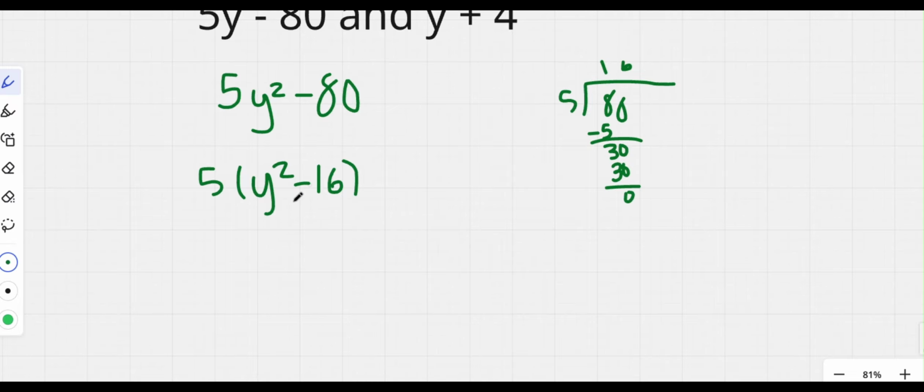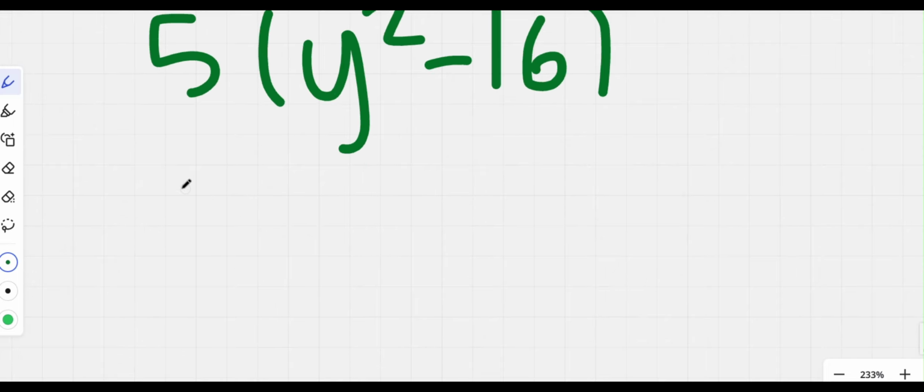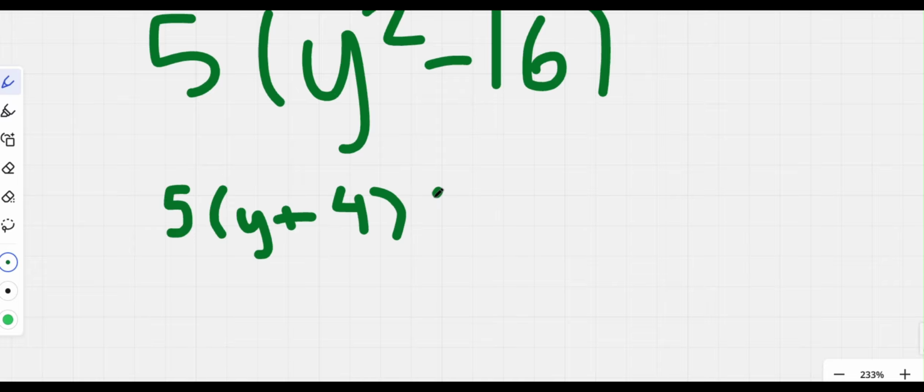Now we see here we have the difference of squares. Y to the second power minus 16 is going to be y to the second power minus 4 to the second power. So we're going to do 5 times y plus 4 times y minus 4.